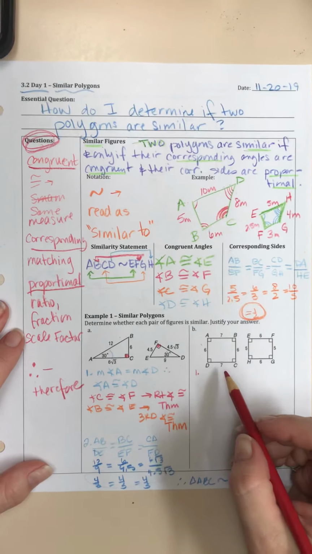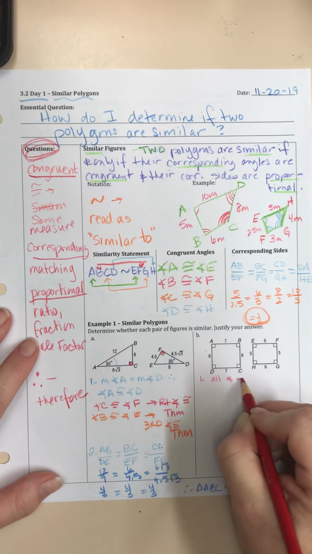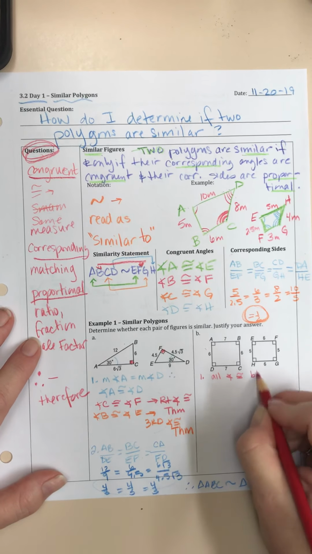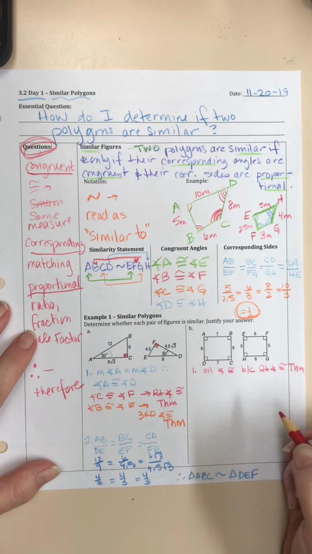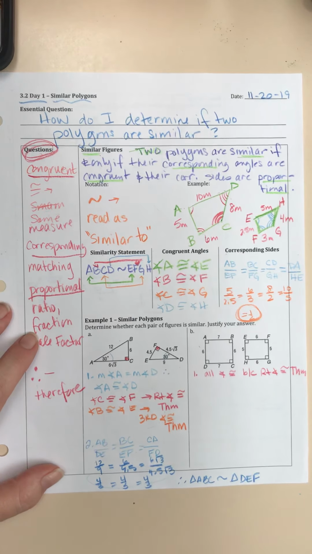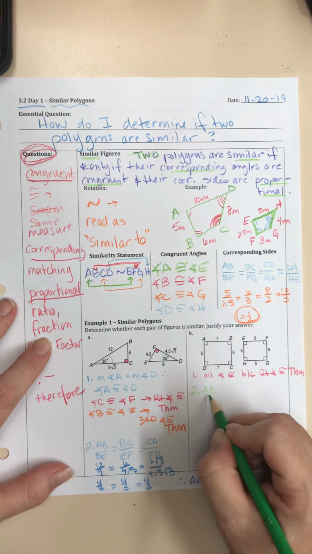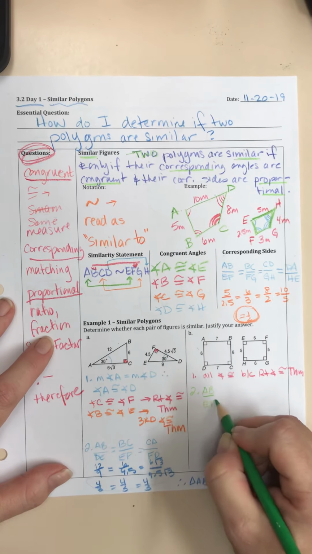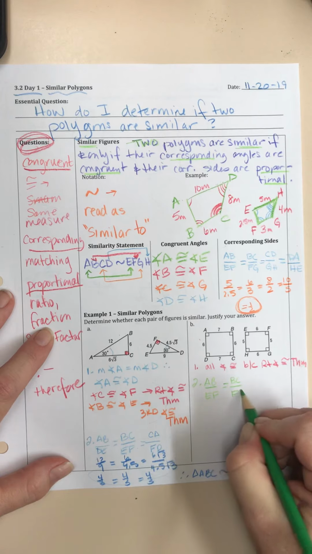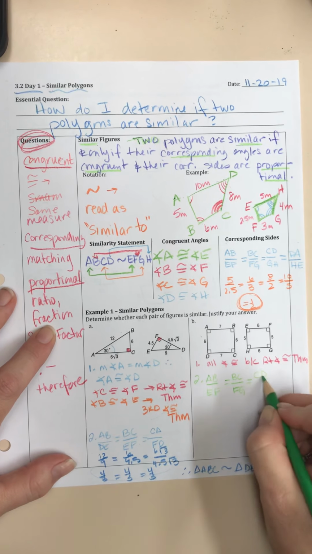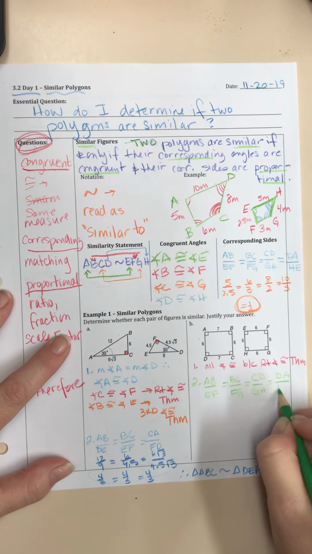Are they? Well, they're all right angles, and we know that right angles are. So all angles congruent because right angle congruent theorem. So we know that, right? So then we got to look at our sides. Are the sides proportional? So I need AB over EF equal to BC over FG, equal to CD over GH, equal to DA over HE.